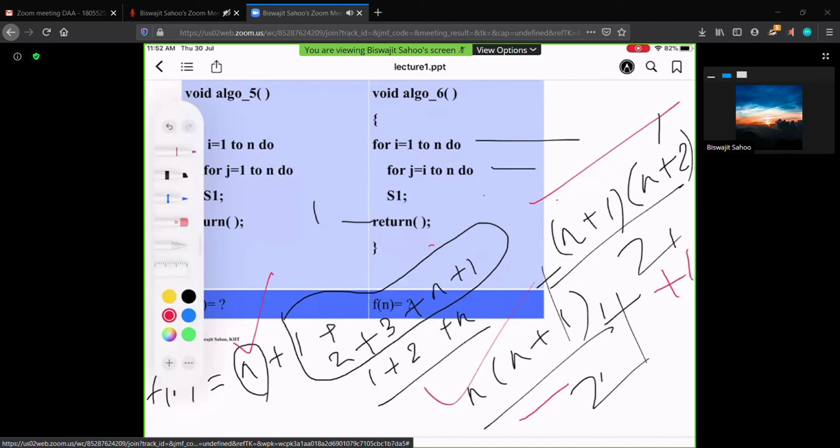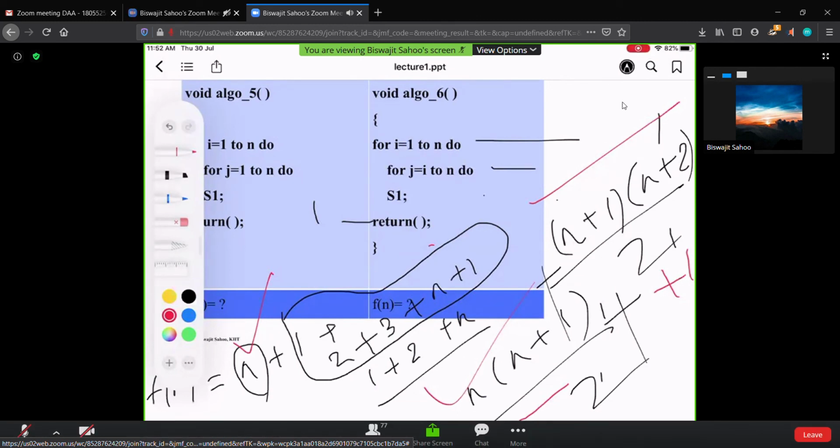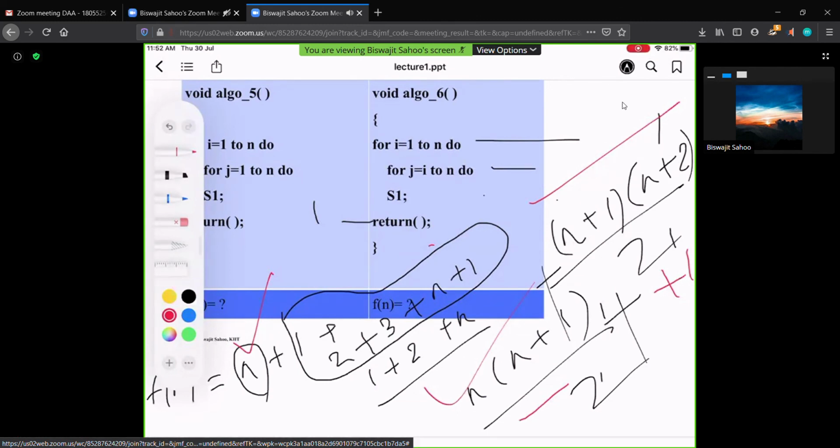Five minutes are left. You can ask small doubts related to what I discussed. But let me tell what I discussed today. I only discussed how to find out the frequency count of an algorithm, which is the sum of the frequency count of every statement available in the algorithm.